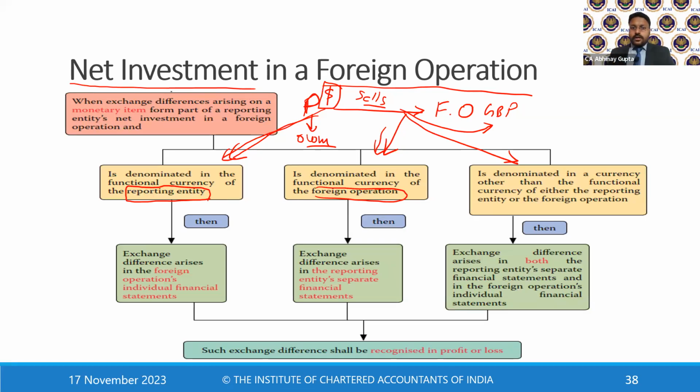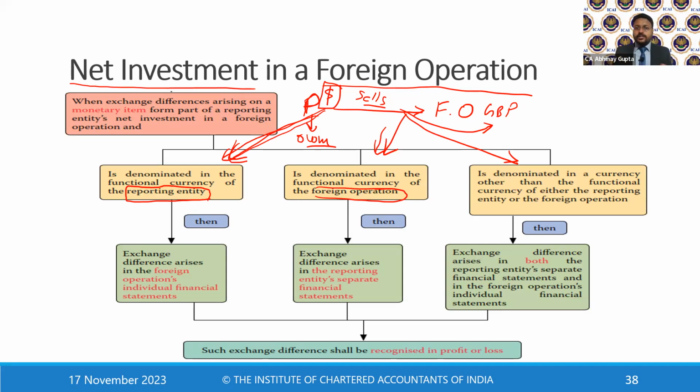What we have understood is that if the transaction is happening in the functional currency of the parent company, then in the financial statements of the parent there wouldn't be any forex exchange gain or loss, because the parent's functional currency is dollar and it raises the invoice in dollar and will receive dollars only.